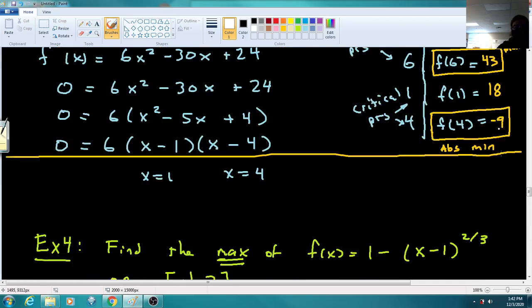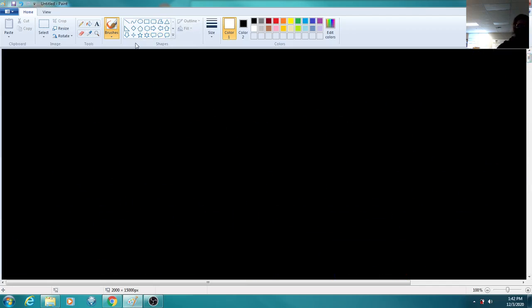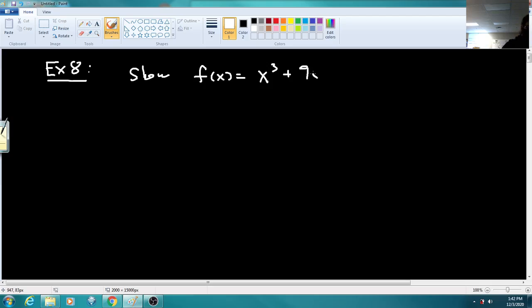Let's get some space to work on stuff here. We're going to look at example 8. So we want to show f of x equals x cubed plus 9x minus 4 has precisely one real root.